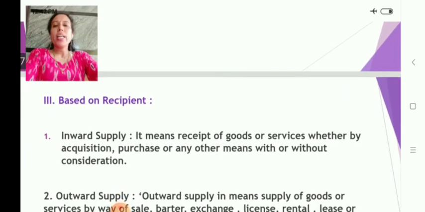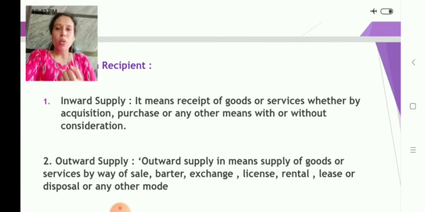Now the next classification of supply is based on the recipient, who receives it. If you receive the goods from somebody, you will be the recipient of goods, and for you it will be inward supply. You receive the goods or services or both, so for you it is considered as inward supply, and for the person who supplies it, it is outward supply.